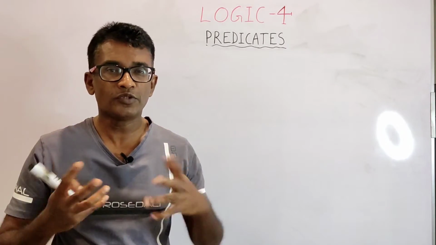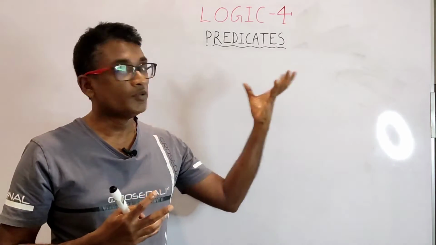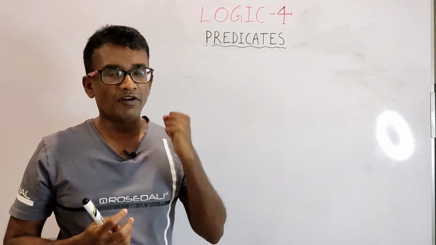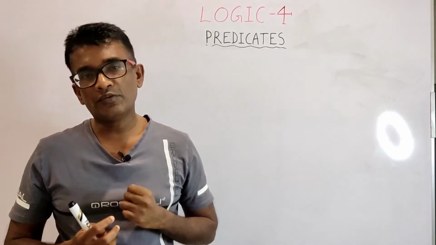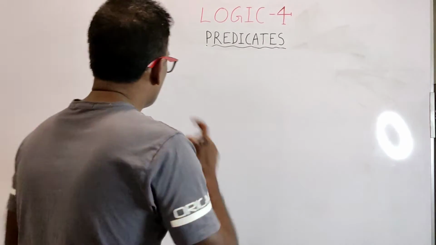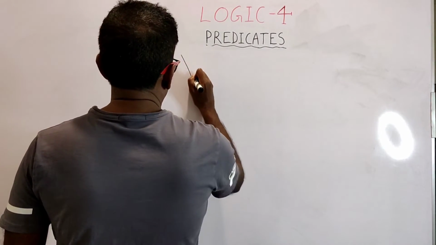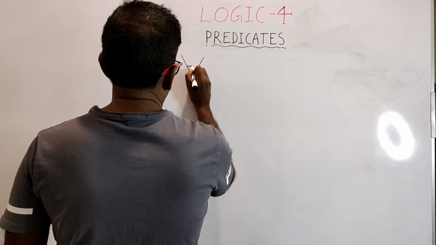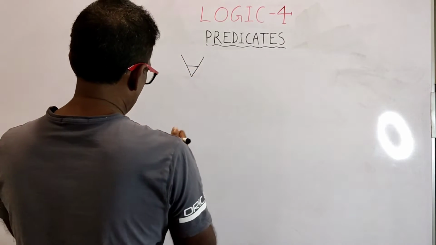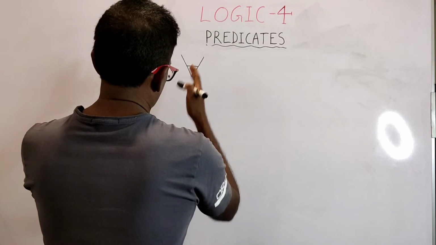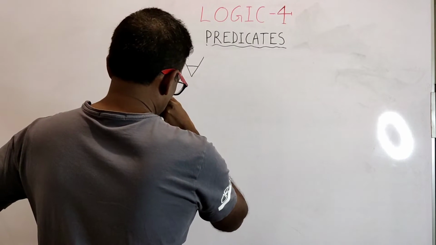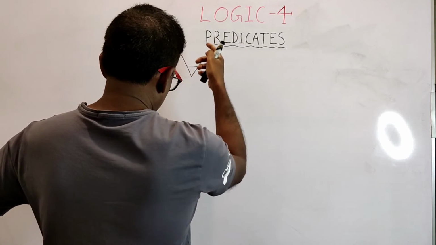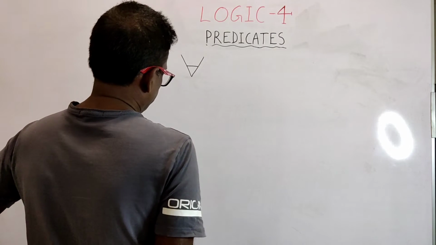Now we are trying to show this using logic symbols. For this, we need three new symbols. The first one is this symbol, which is somewhat similar to the uppercase letter A being flipped 180 degrees vertically.